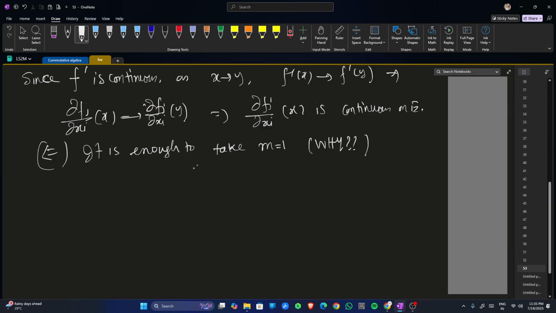Why is it enough to take m equal to 1? Because the problem is the following: if we take m equal to 1, and show that if all the partial derivatives are continuous, then the function is C1, that is what we have to show.